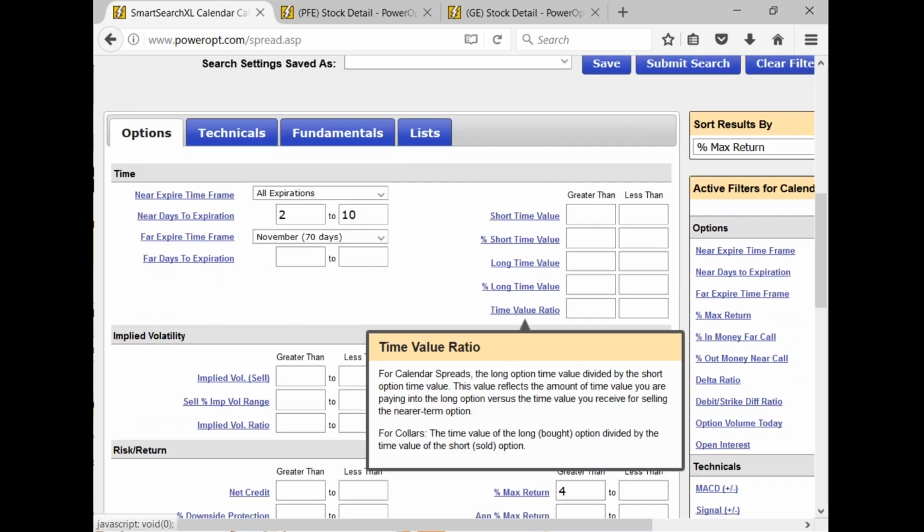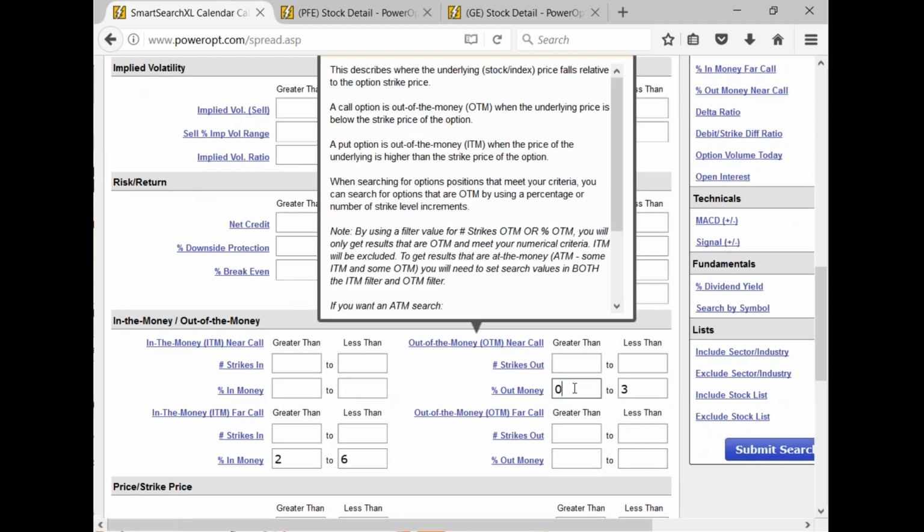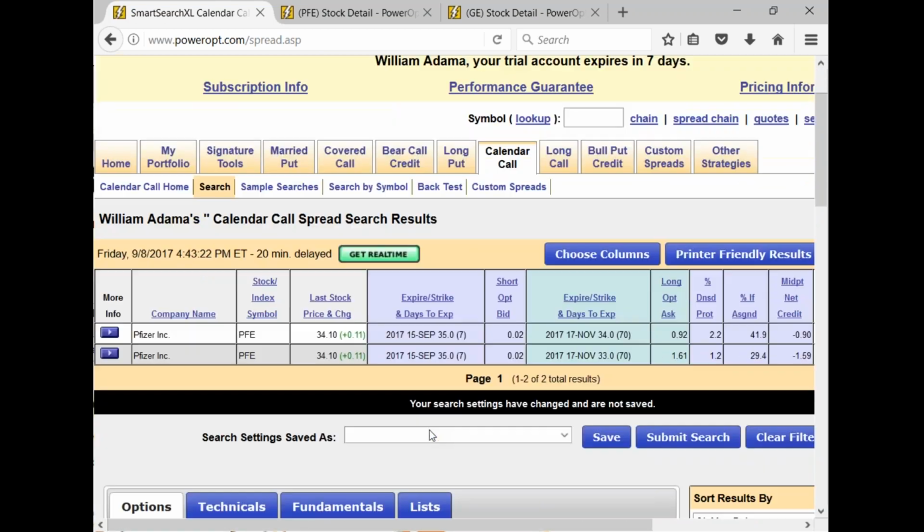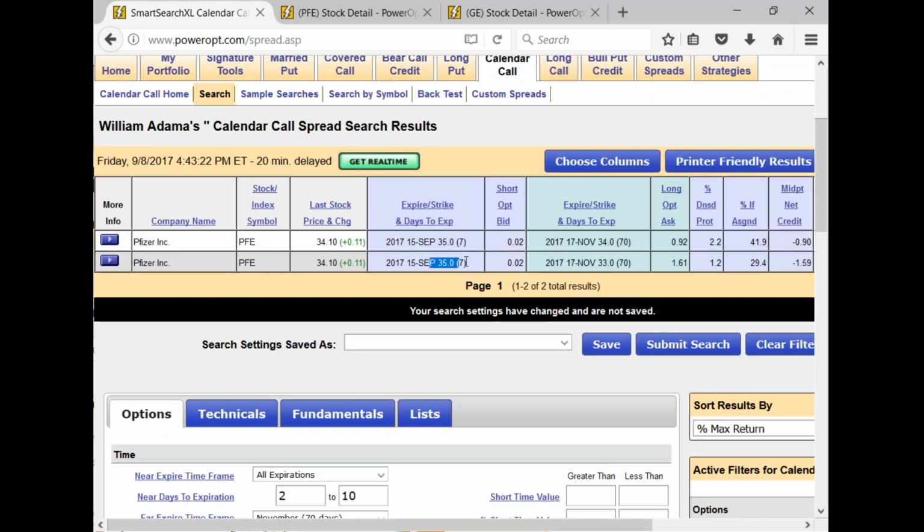So let's take out one more thing. I'm going to take out this out of the money restriction on the short call. I'm going to allow it to go to the 34 or the 35. And I'm going to put this 0 to 6 so I can see the 34 call as well. Let's open it up a little bit more. There we go. Still selling the 35s and the 33s, okay?